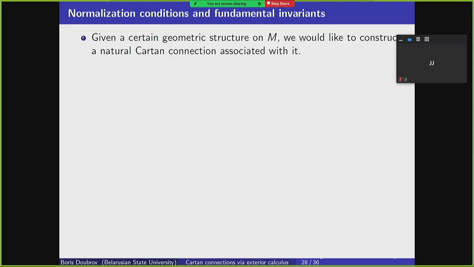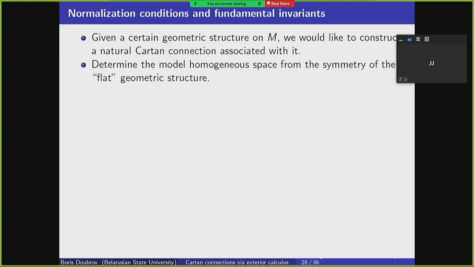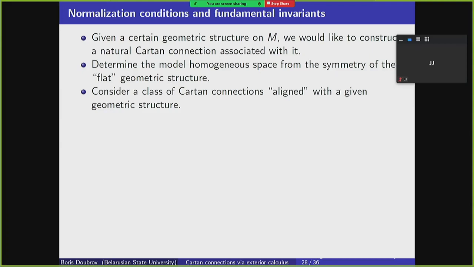Okay, so a quick recap. So that's what I told. Starting with any geometric structure, we want to construct natural Cartan connections. And this is a three-step procedure to me. First, you identify what's your model. Second, you try to understand what it means that a Cartan connection with this model matches your geometric structure, so they are aligned to each other.